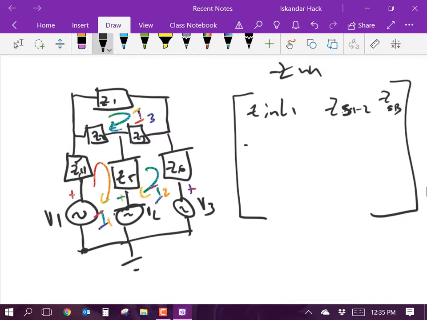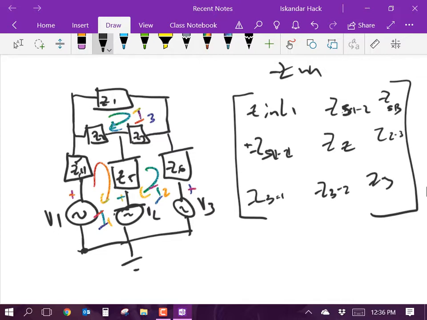I could write 2 and 1 right there and put a plus. This is all the impedance in loop 2. This is the impedance shared between 2 and 3, between 3 and 1, and between 3 and 2. And this is all the impedance in loop 3. So I can do that straight from looking at the circuit and fill this in.